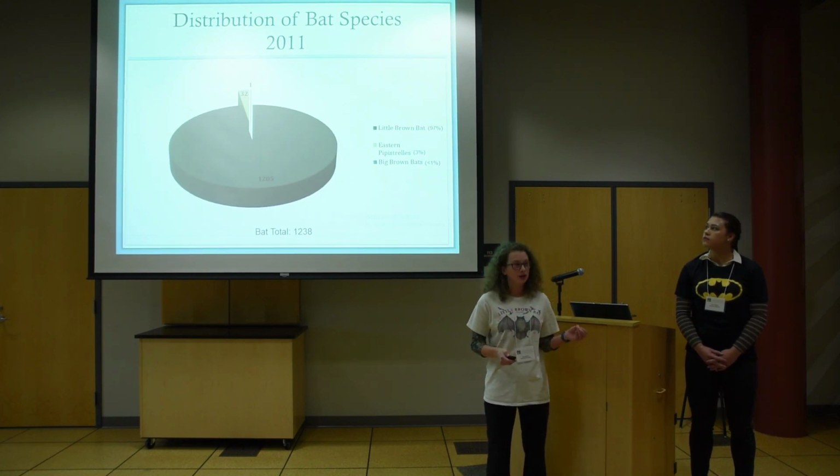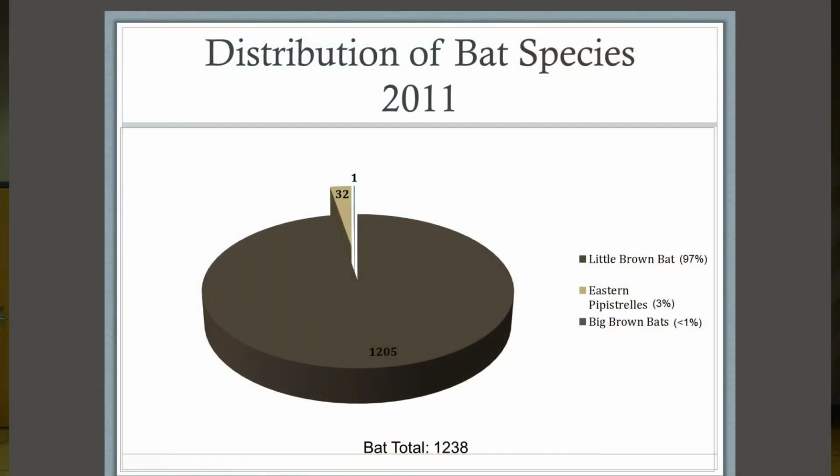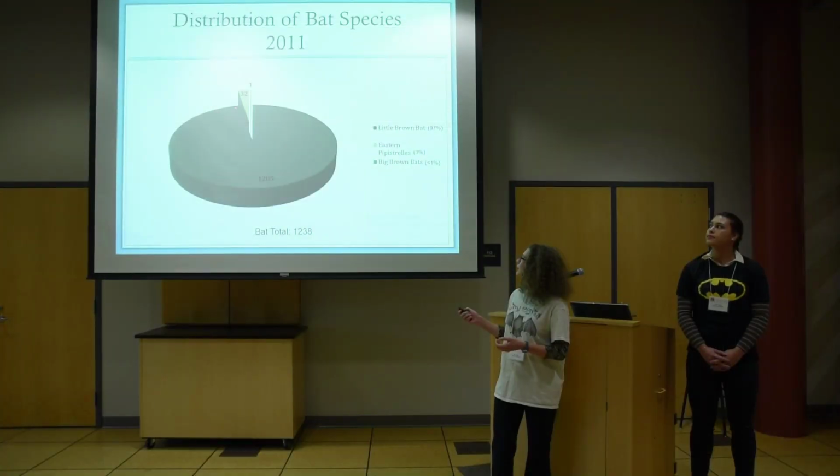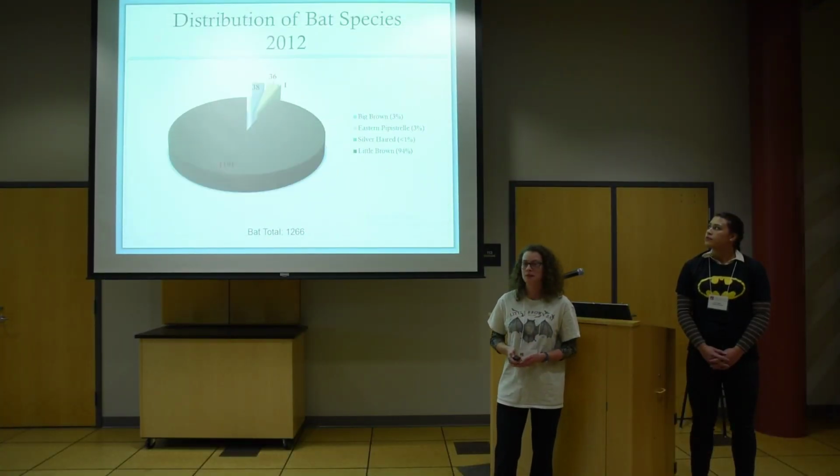Next, we have some data looking at the diversity of bat species over the years. Every year, the most abundant number of bats was the little brown species, which is shown with the black part of the pie. And in 2011, we had some species diversity, with eastern pipistrelles and little brown bats as well.